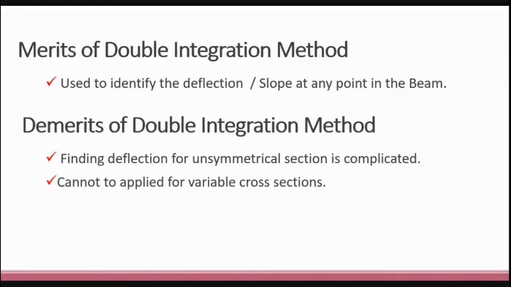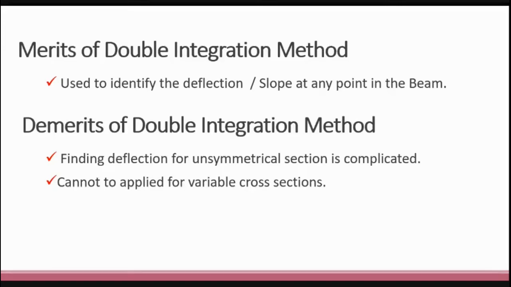So what are the demerits? If you look at the disadvantages, it is very complicated to solve problems related to unsymmetrical sections or unsymmetrical loading cases. That is very important. Variable cross section is also difficult.